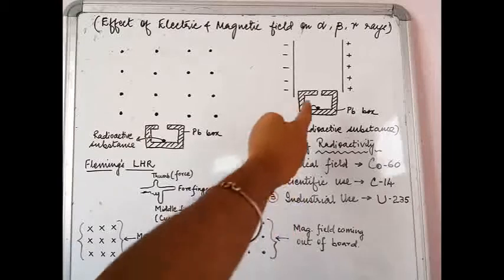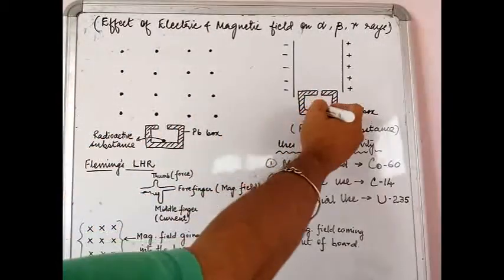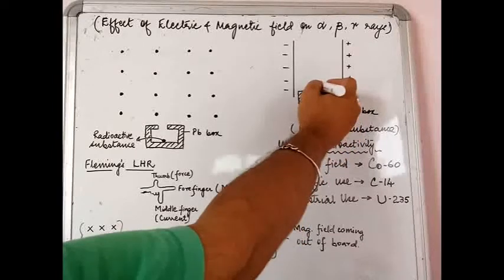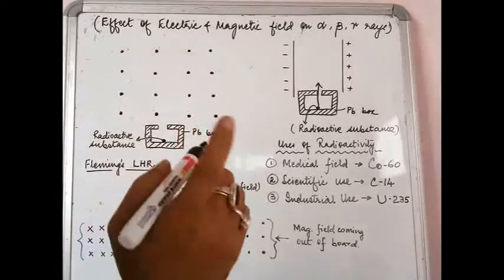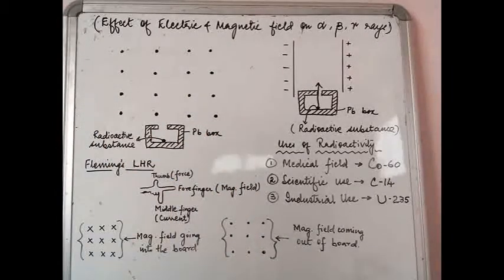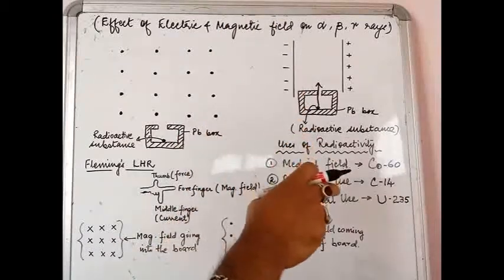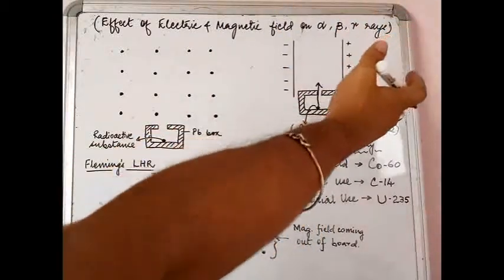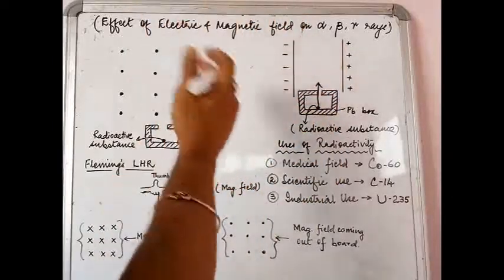So now the moment suppose an alpha particle comes out, okay, supposing that there is an alpha particle that has come out. Now we know that alpha is positively charged. So it will be quite simple for us to understand that since alpha is coming out and since alpha is positive, it is not going to go towards the positive side because like charges repel each other. In fact, it is going to go towards the negative side.